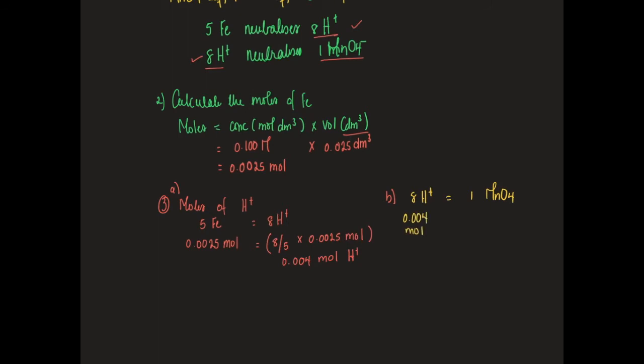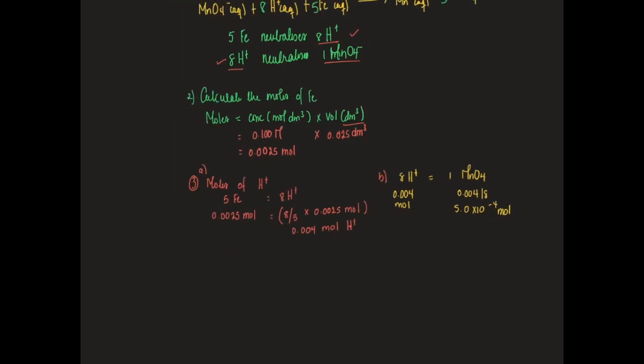So then we know that the number of moles of permanganate is 0.004, and we're going to divide that by 8, and that is going to give us 5.0 by 10 to the negative 4 mole of permanganate.